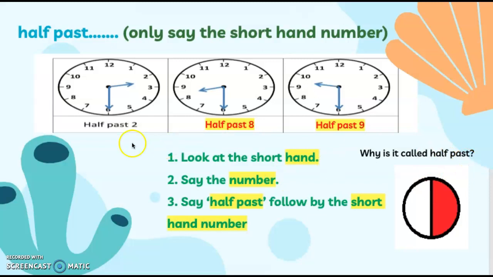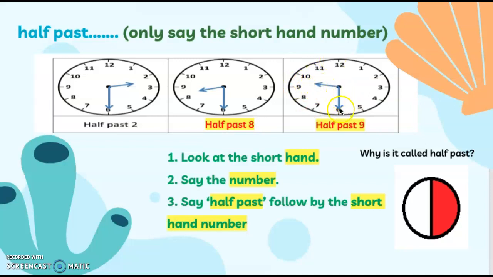Now look at the short hand. The short hand struck at number 2, in between 2 and 3, right? The long hand struck at number 6. So we say 2:30. This one 8:30. And this one 9:30. It's going to go to number 10, but it hasn't reached 10 yet.